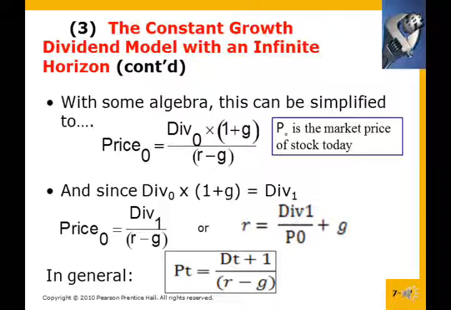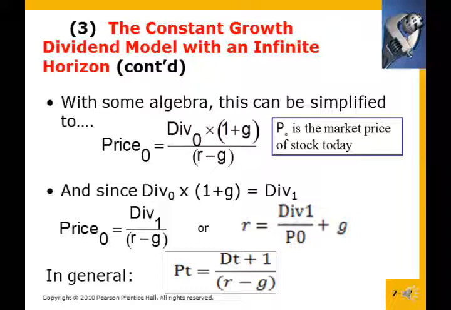We can also get a general rule, and this rule will be applied in the fourth model. It's very important in the fourth model. This rule is P t equals D t plus 1 divided by r minus g.